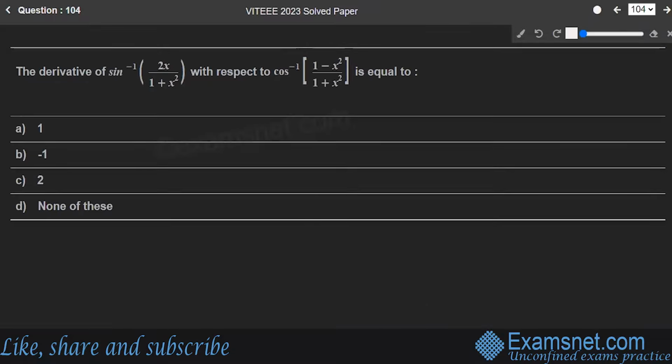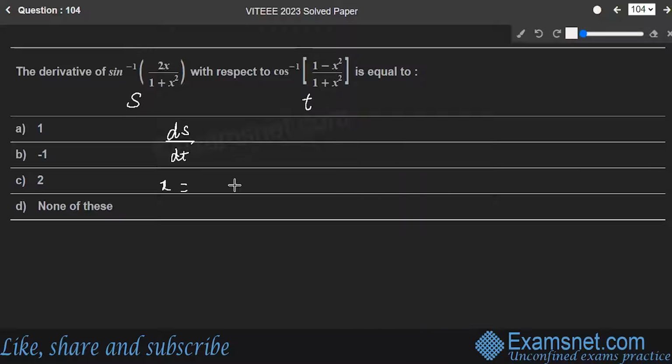Number 104, the derivative of sine inverse of 2x upon 1 plus x square with respect to cos inverse of 1 minus x square upon 1 plus x square is equal to. Fine. So let's say this is equal to s, and let's say this is equal to some t. And we have to find out ds upon dt, this is what according to the question.